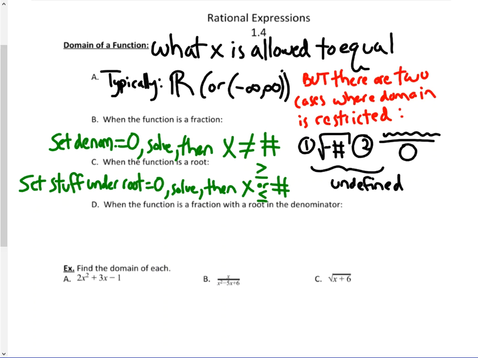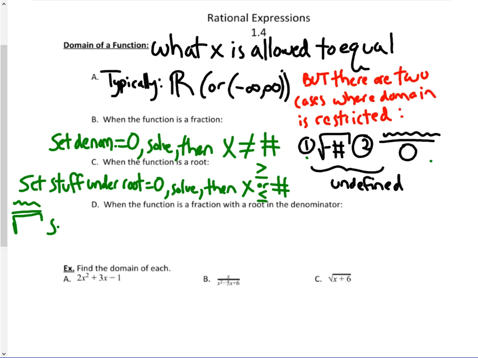When the function is a fraction with the root in the denominator, oh my god, we just combined both of our two restrictions. Restriction 1 was that, hey, having a negative number in the root. Restriction 2 is having 0 in the denominator. If we have a root inside the denominator, we have something over some stuff in the root. Same restrictions apply.